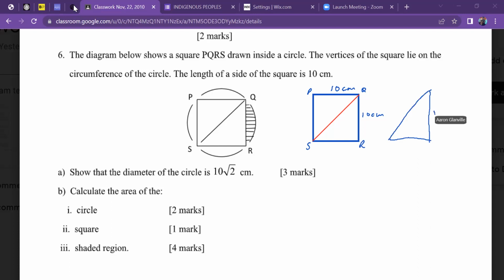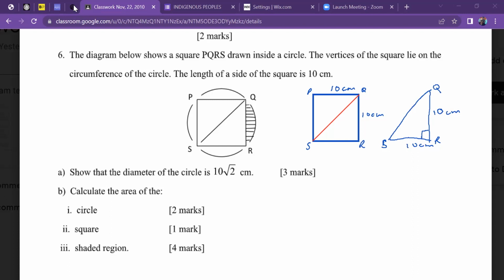This is 10 centimeters, and this is also 10 centimeters. Let's call this S, R, and Q. If SR is 10 centimeters and RQ is also 10 centimeters, what would be the length of line SQ, which is a diagonal?